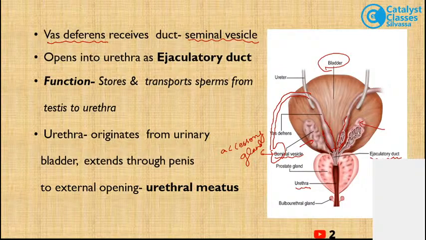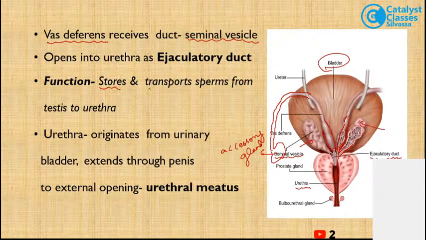Here is the opening of the vas deferens and here is the opening of the seminal vesicle. Both of them together open as the ejaculatory duct into the urethra. ठीक है, अब फंक्शन क्या है इस ejaculatory duct का?